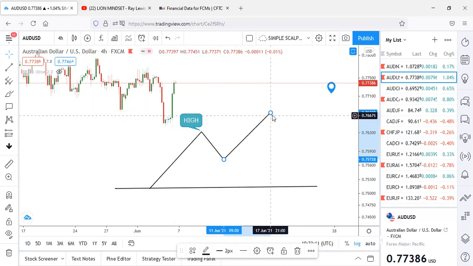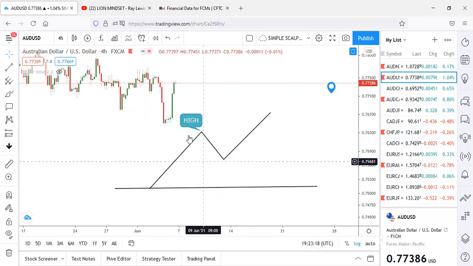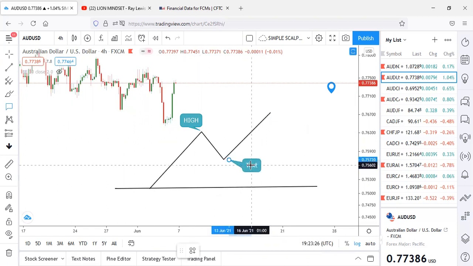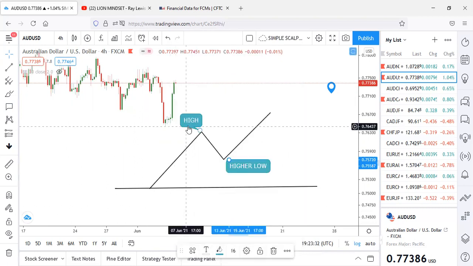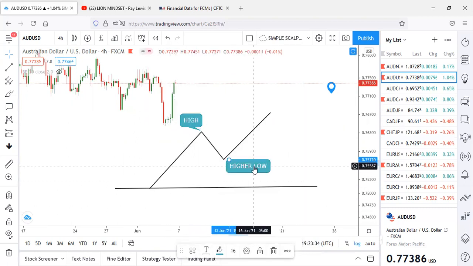And this move right here is another one, making three. So we need to see a three-wave move first. So this angle right here is known as a high. Now, why is this one known as a higher low? Why did I call this one a high and this one a higher low?